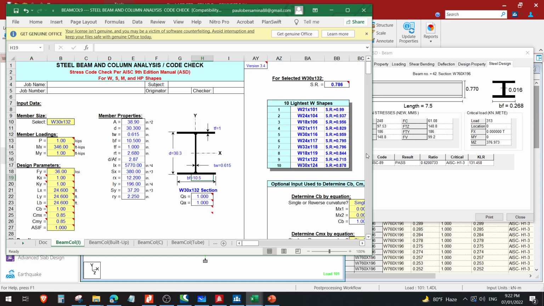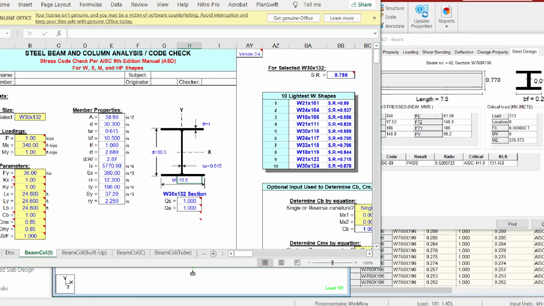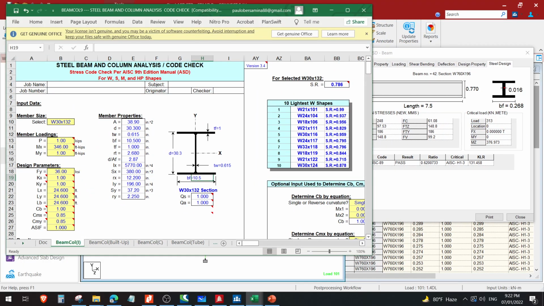0.268 meters. How about yung web, thickness ng web? That is 16 mm divided by 25. How many inches yon? 16 divided 25, I'm getting 0.64 inch. 0.64, which is pretty close, 0.6 inch. Okay.